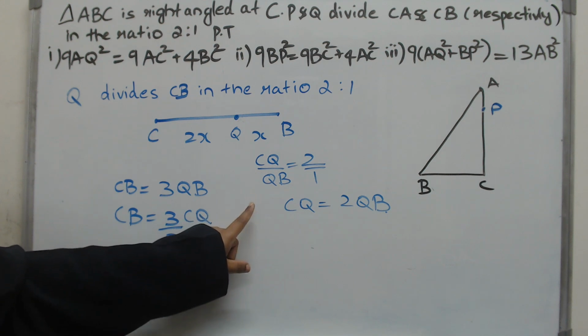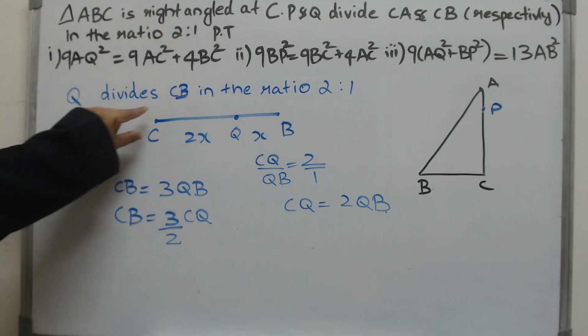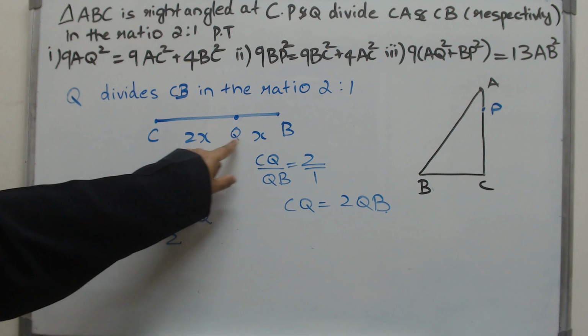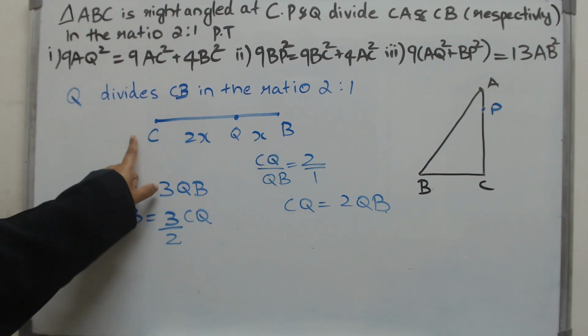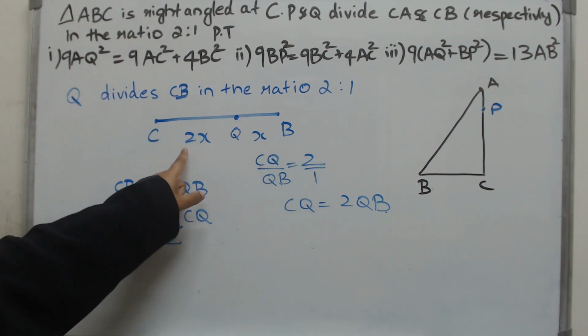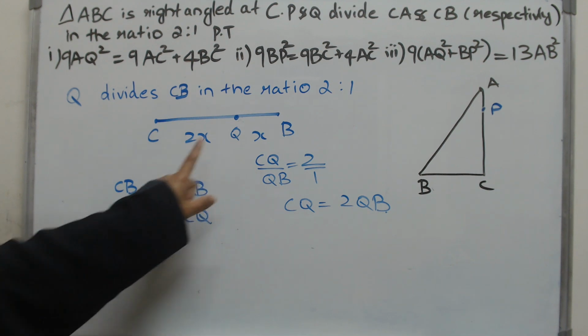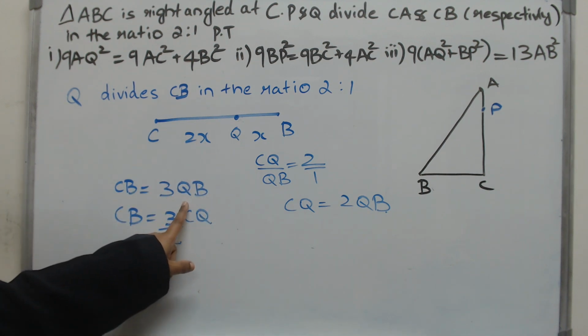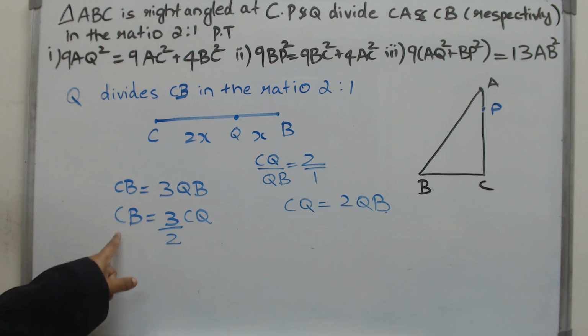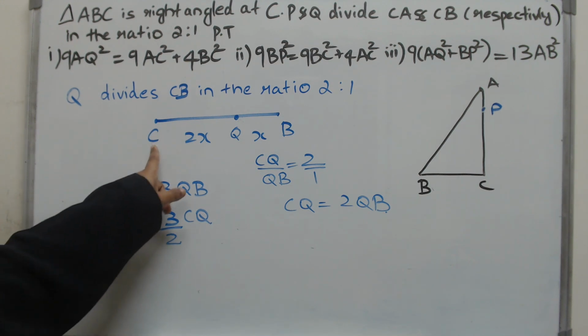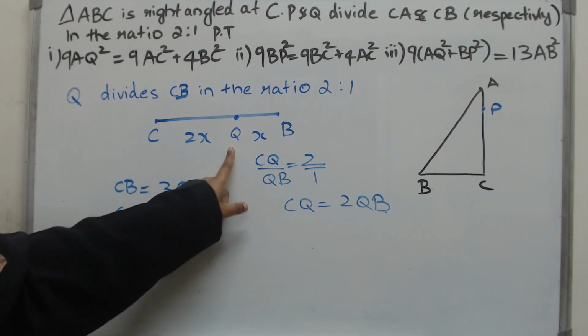And how will you represent the whole of CB in terms of just QB? The whole of CB is 3x, which means 3 times QB.